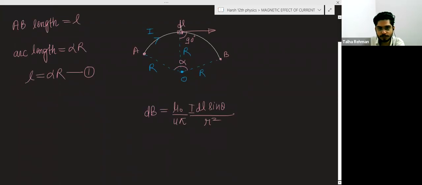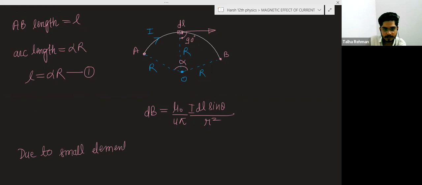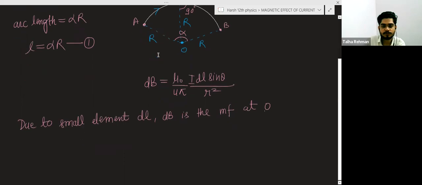Due to this small element dl, dB is the magnetic field at O. So you are just calculating this dB.